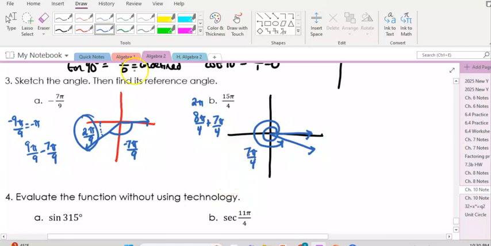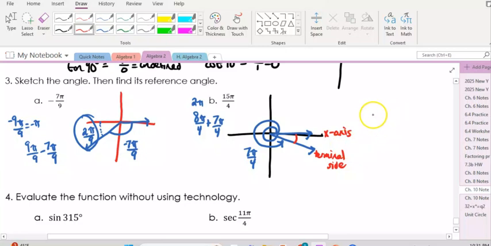All right, so if I want to find how much I am short right here, this is my reference angle because it's created by my terminal side and the x-axis. That's where the reference angle exists, between the terminal side and the x-axis. So I'm not going to think about this as 15 pi over 4. I'm going to think about it as being in the same place as 7 pi over 4.